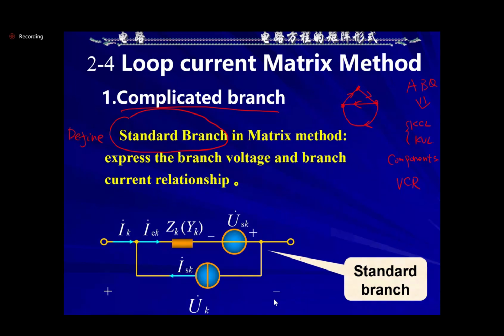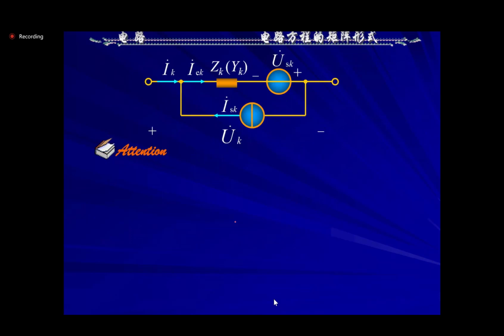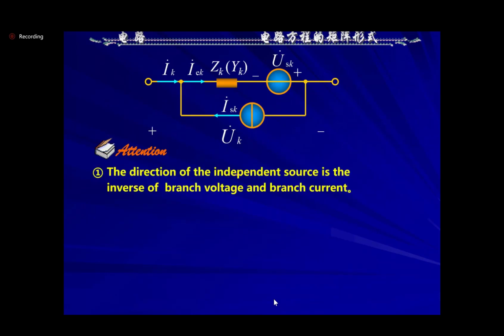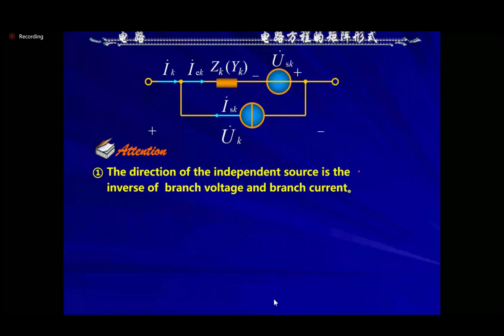The definition of a standard branch in our matrix method discussion: a standard complex branch includes three components at most. Maybe only one or two are connected, but three is the most. The direction of the independent source is the inverse of the branch voltage and branch current. What does this mean?